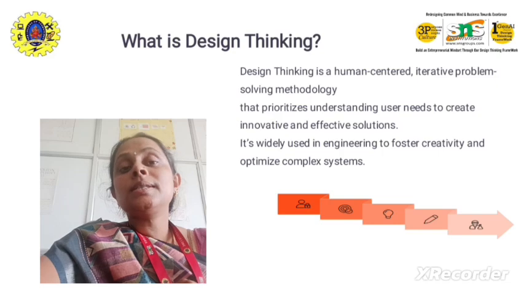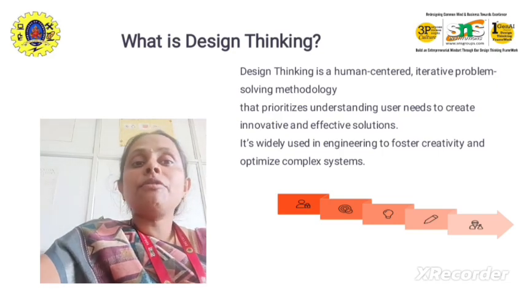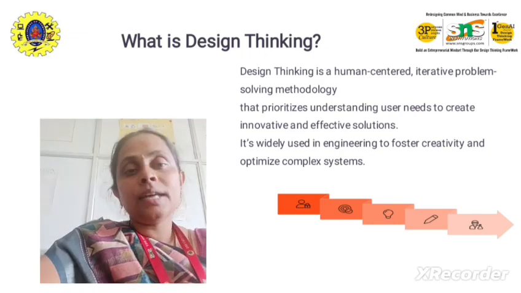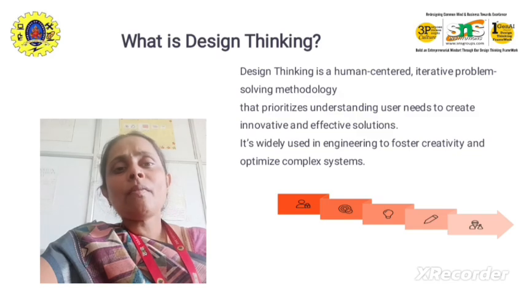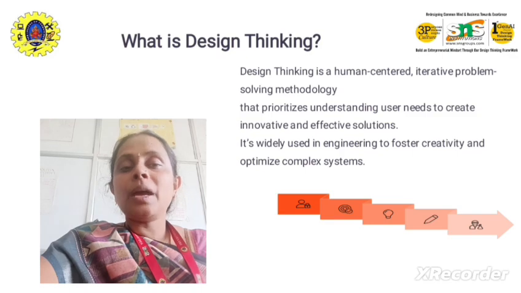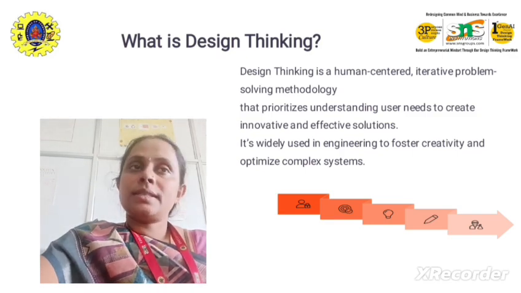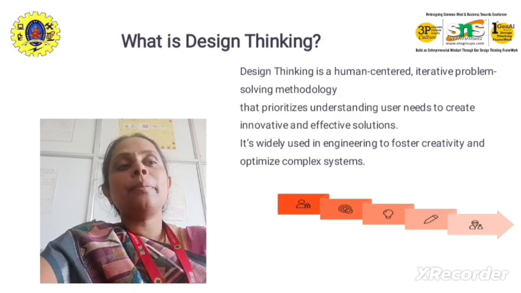All of you know the steps involved in design thinking. There are 5 stages: first is empathize, second is define, third is ideate, fourth is prototype, and fifth is testing.